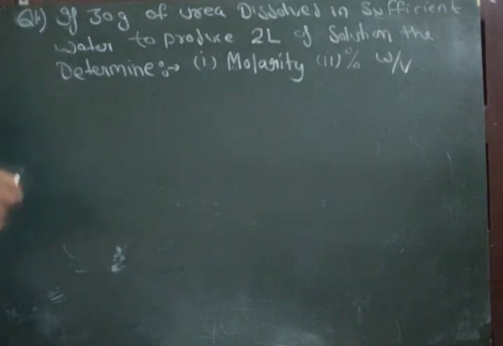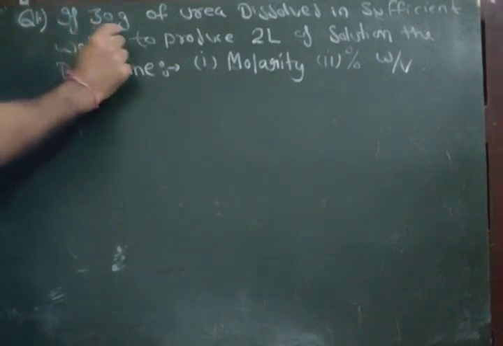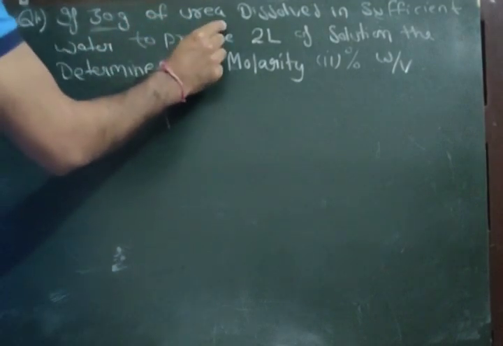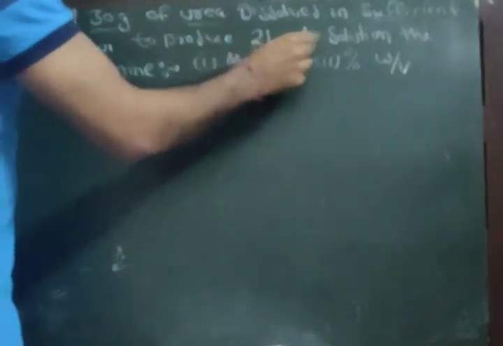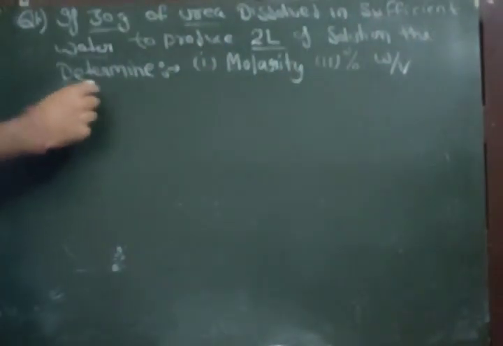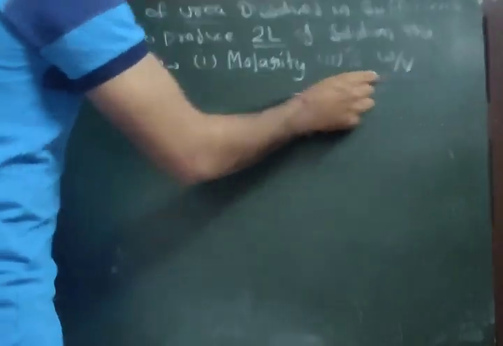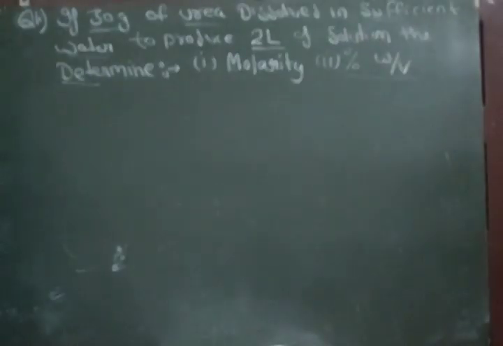What is the question? If 30 gram of urea is dissolved in sufficient water to prepare 2 liter of solution, then determine the molarity and percentage weight by volume. I think we have sufficient data to solve this.